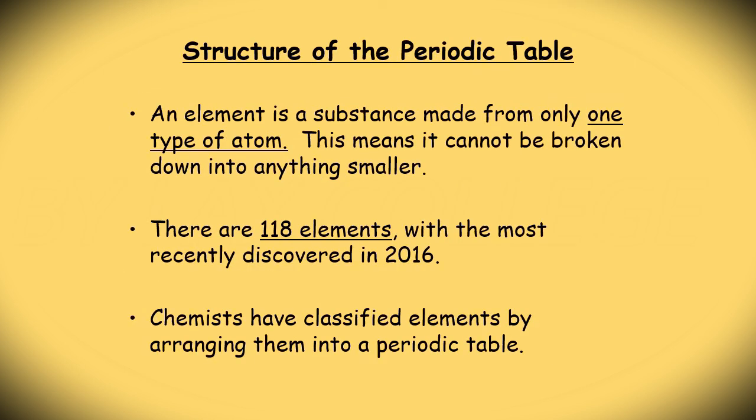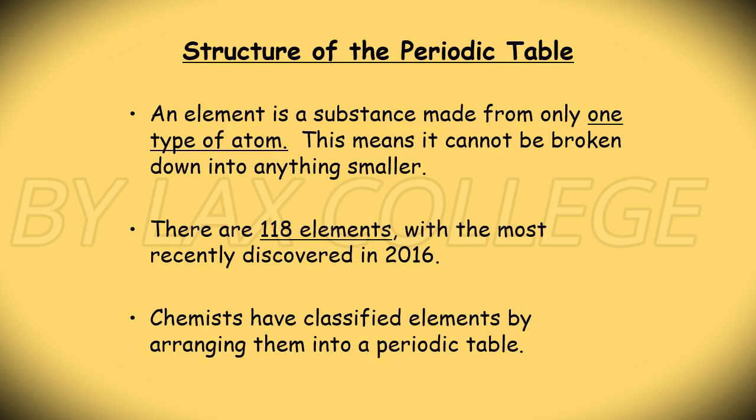So the periodic table is where you find information about elements. An element is a material, a chemical, a substance made from only one type of atom. It cannot be broken down into anything smaller. So if you have something that's an element, you might be able to break it apart, but all you're doing is breaking it down into smaller pieces of itself.